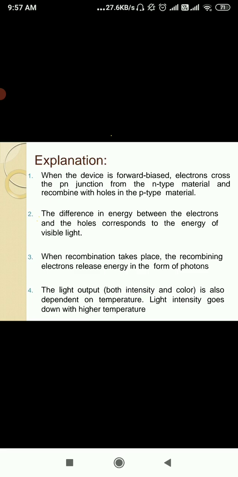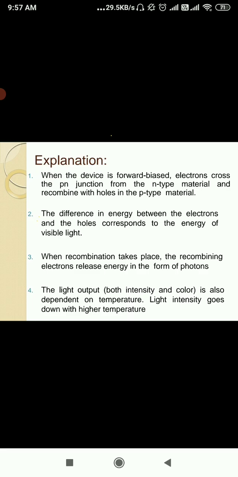But the light output is also dependent on temperature. So we can say if temperature increases, light intensity will go down. It is inversely proportional to temperature.